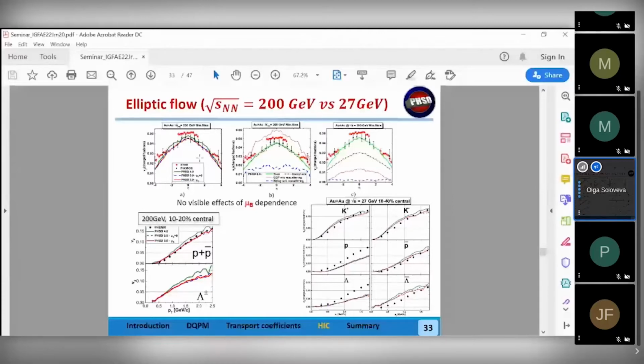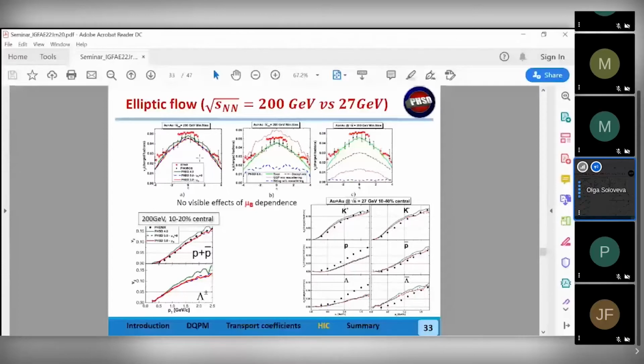But unfortunately, because there is a lot of rescattering, you cannot see the effect of these particles. So the final contribution is really small to show some MIB dependence.